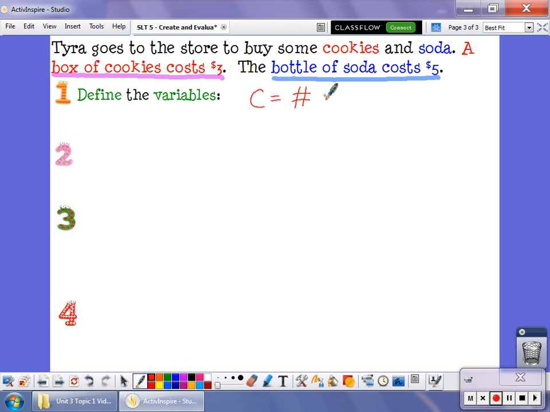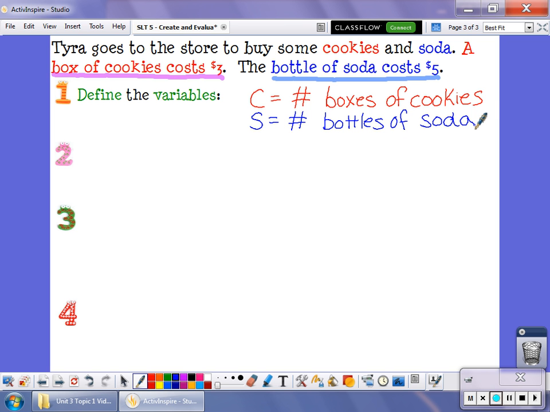So C will be the number of boxes of cookies. And then I also know that she buys some soda. But again, I don't know how many bottles of soda she buys, so I need a variable for that also. So I'm going to use S to equal the number of bottles of soda.